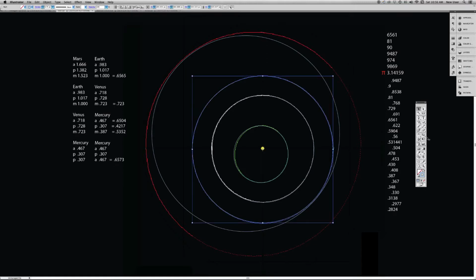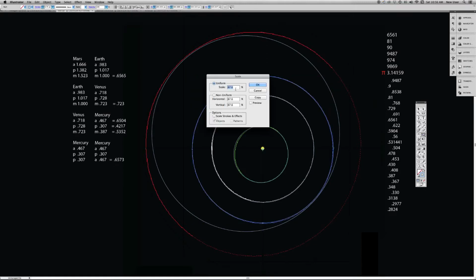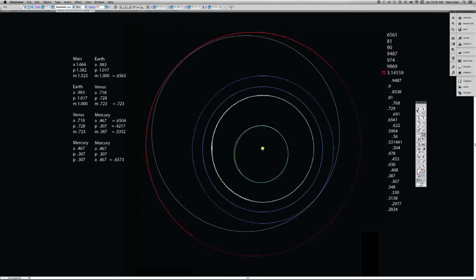And the transverse circle between the Earth and the Venus, which was 729, is the square root of 729, which is 8538. That one there. There.